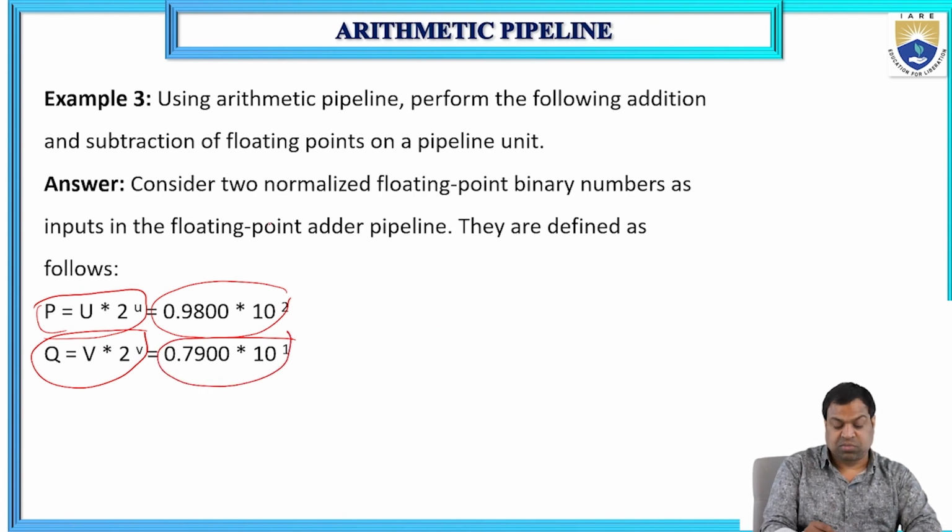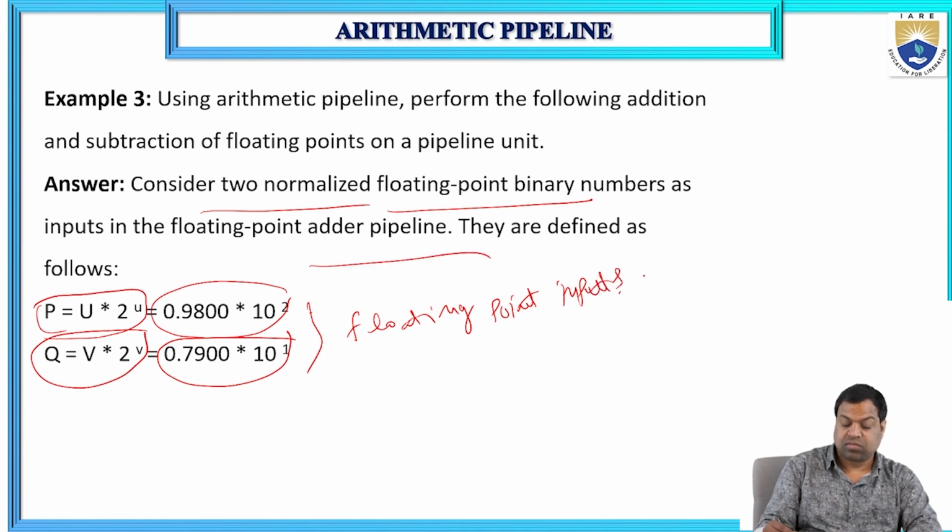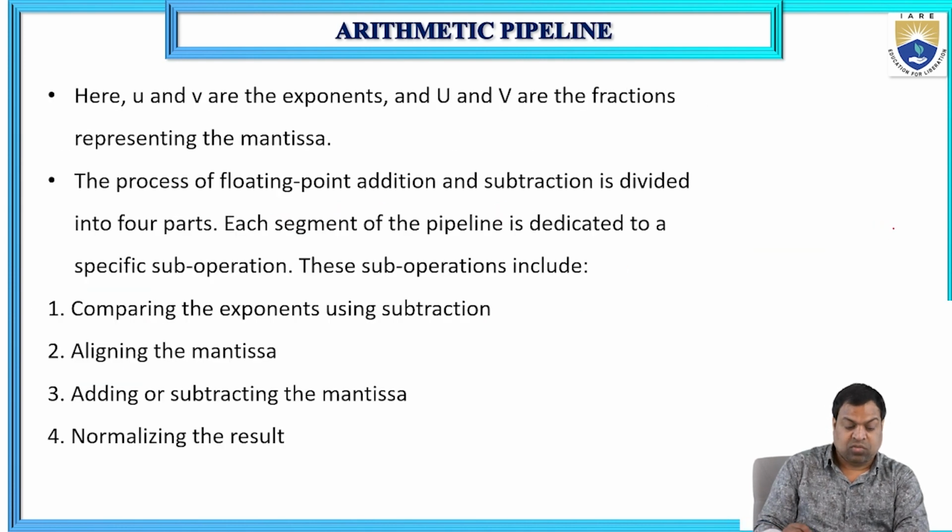So what is the first step? We are going for the two normalized floating point binary numbers. Yes, these are the normalized floating point numbers. What is first one?